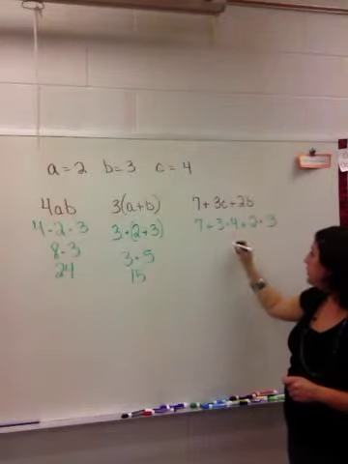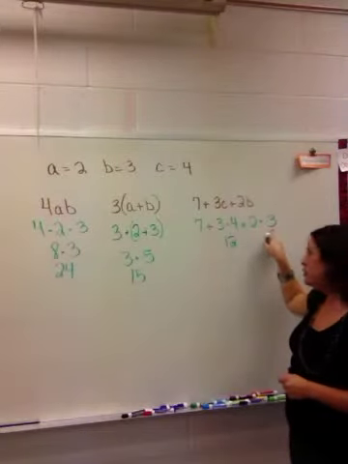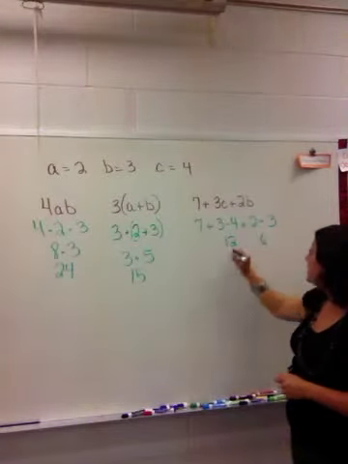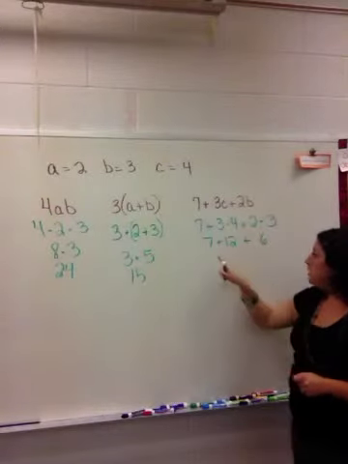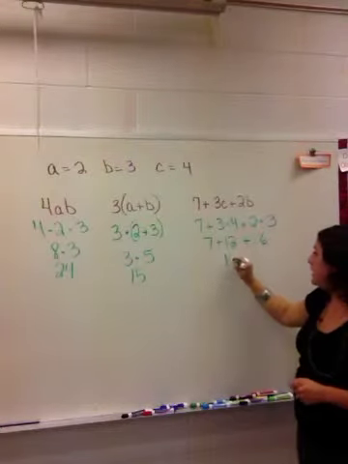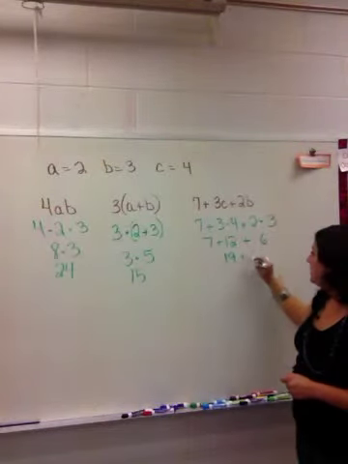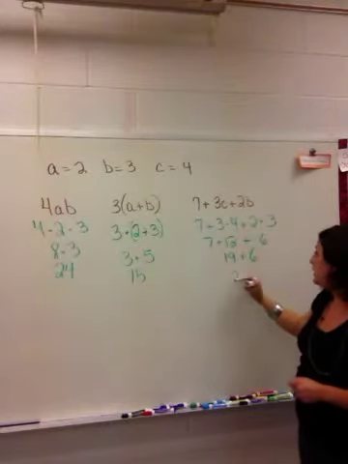So 3 times 4 I would do first, and at the same time I can drop down 2 times 3, which is 6, and then rewrite all of my addition. So I would have to add 7 plus 12, which is 19, plus 6, which is going to give me a total value of 25.